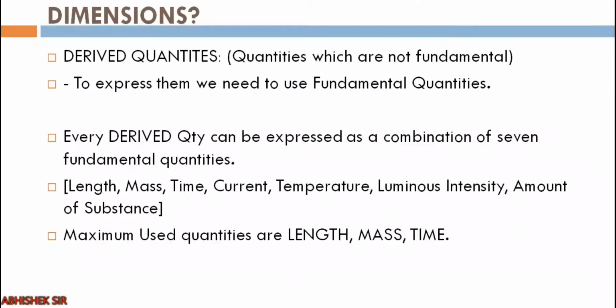Out of that, in most of the derived quantities that we will use in this chapter or in future chapters, the maximum fundamental quantities which will be used are length, mass, and time. No doubt we have many other derived quantities which may use the other four as well, like temperature, luminous intensity, amount of substance, and current as well. But the most utilized fundamental quantities are length, mass, and time.